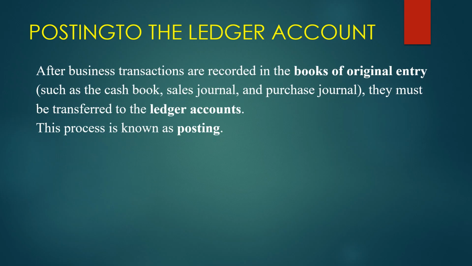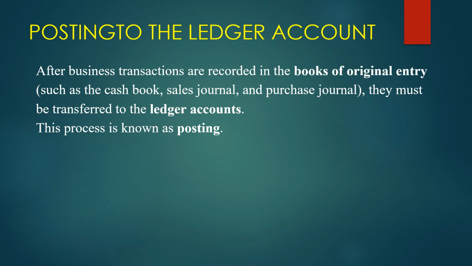After business transactions are recorded in the books of original entry, which books are we talking about here? The books of original entry include the cash book, sales journal, and purchase journal. After business transactions are recorded in these books of original entry, they must be transferred to the ledger account. Now, what do we call that process?